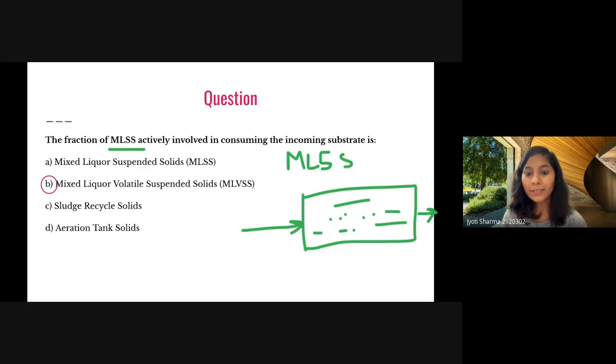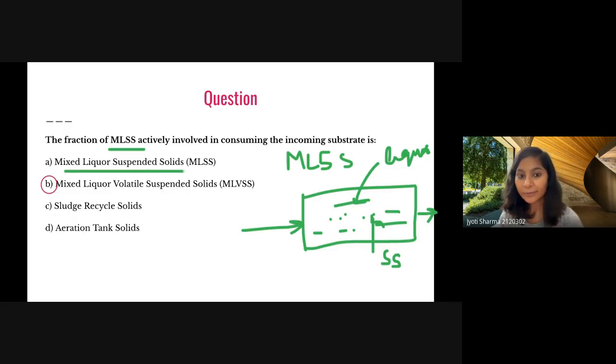The liquid part is known as liquor, and these microorganisms are known as suspended solids. Because these are mixed, the liquid, that is water, plus microorganisms will be known as mixed liquor suspended solids.